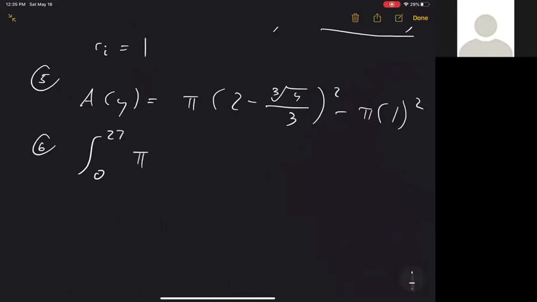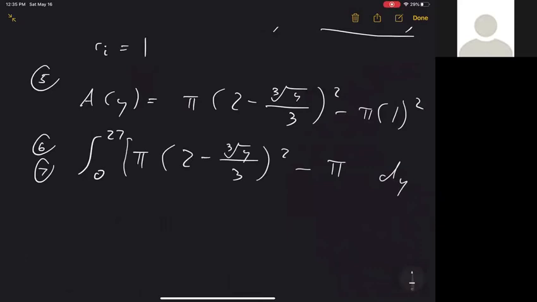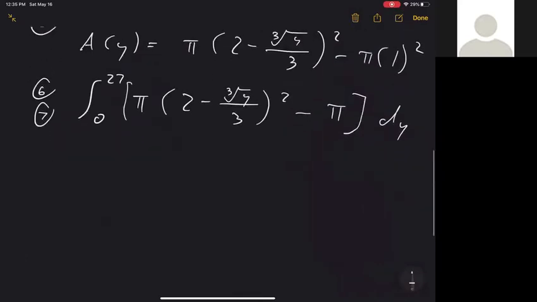And then this is enough to form my integral. So I have this integral, and let's go ahead and square this, and pull out the pi.